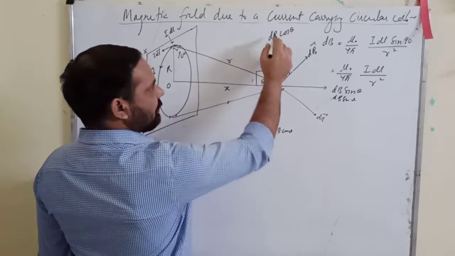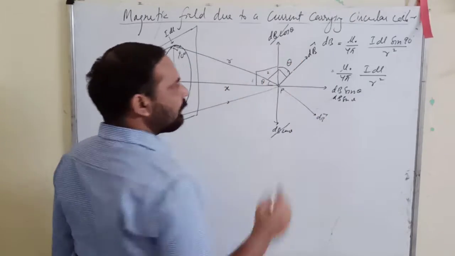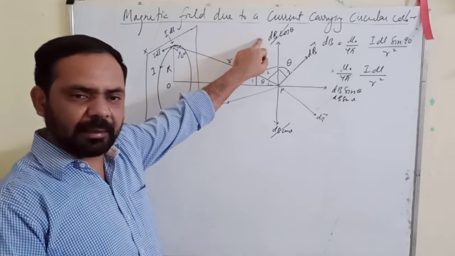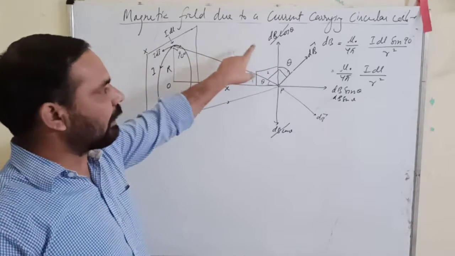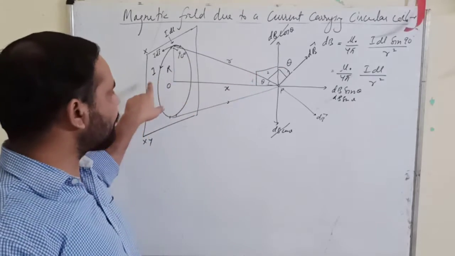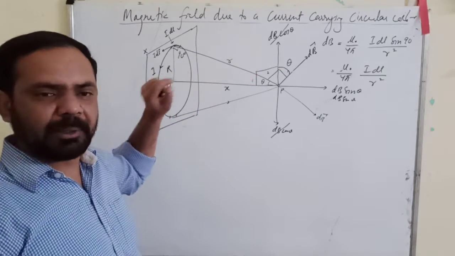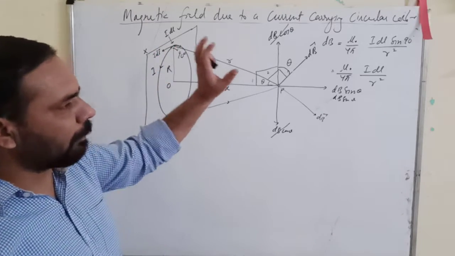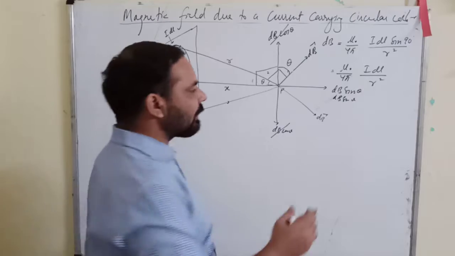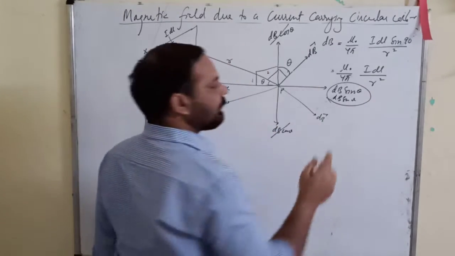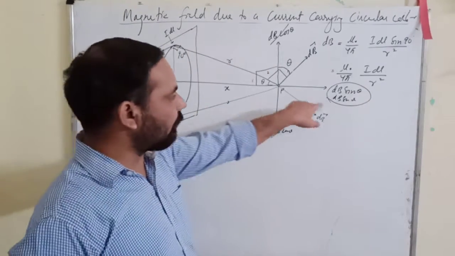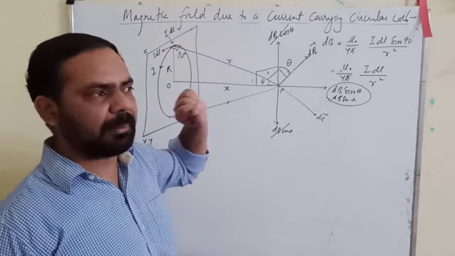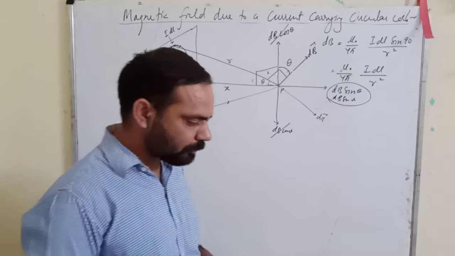Now this dB cos theta will cancel the dB cos theta of the just opposite current element on the circular coil. So whatever magnetic field is there at P, it is due to all the dB sin theta which are produced by the different current elements on the circular coil, right?